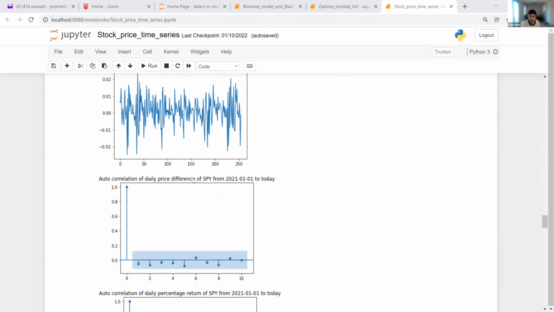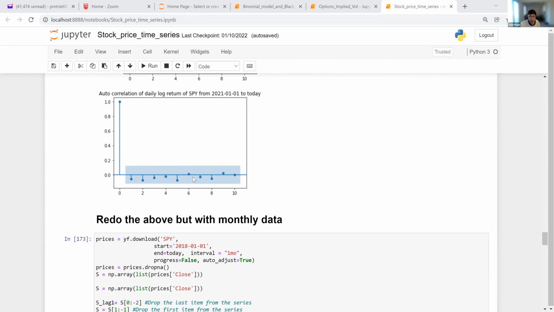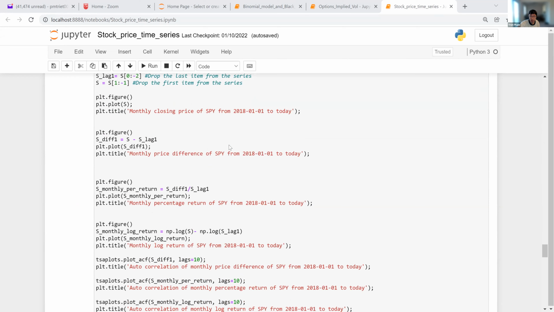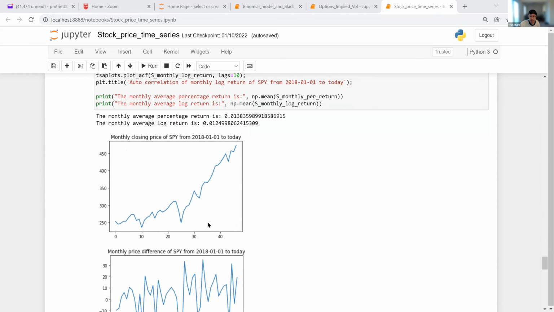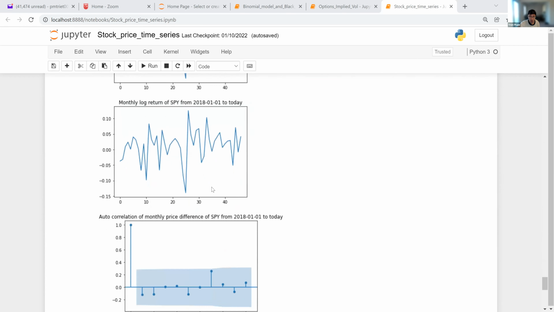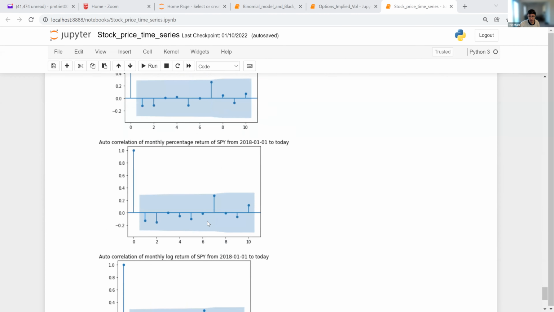One more thing I want to bring up is the time window. The above deals with daily data. You can redo everything with monthly data, and you see a different resolution, and things will change.